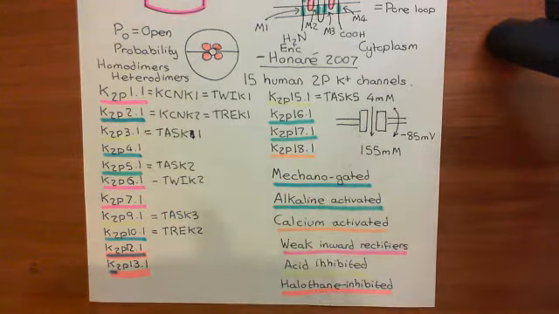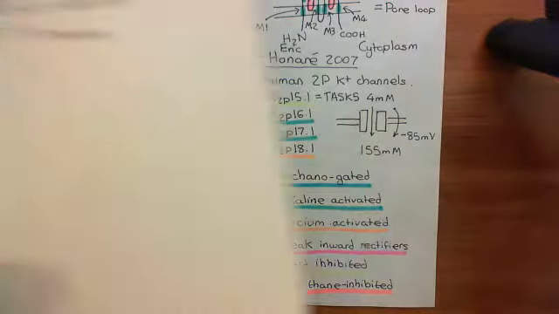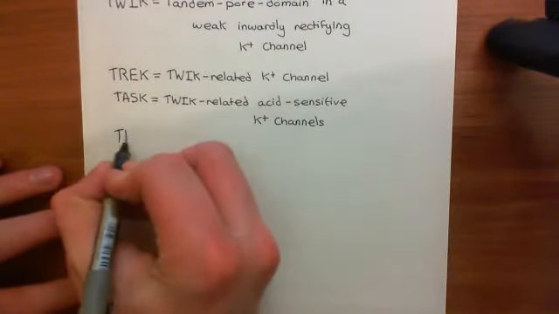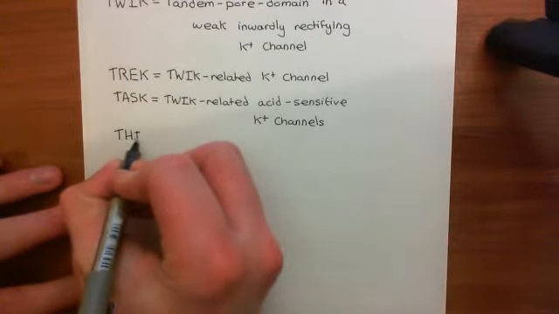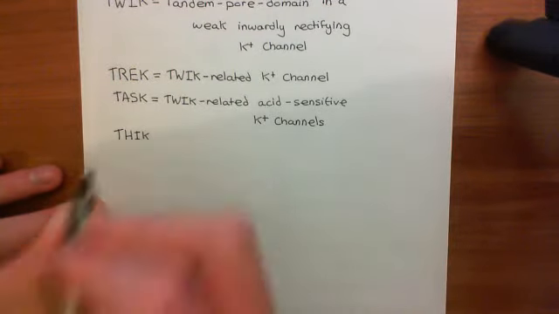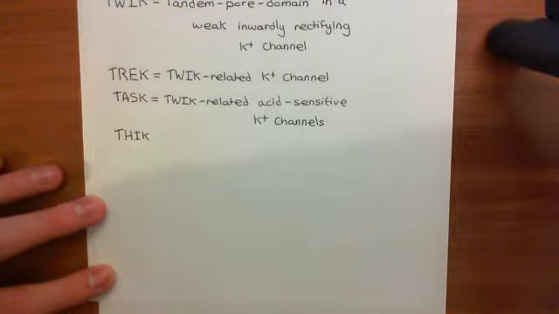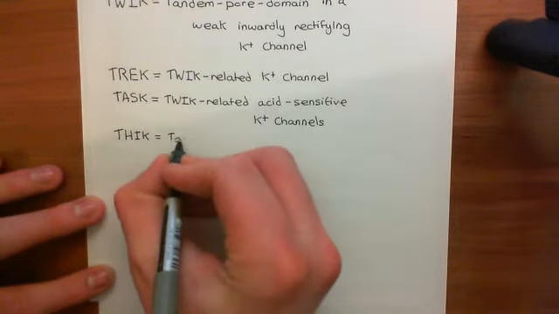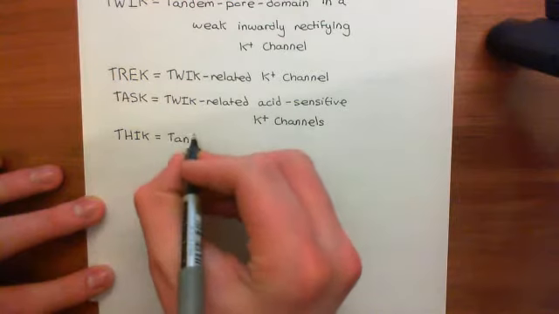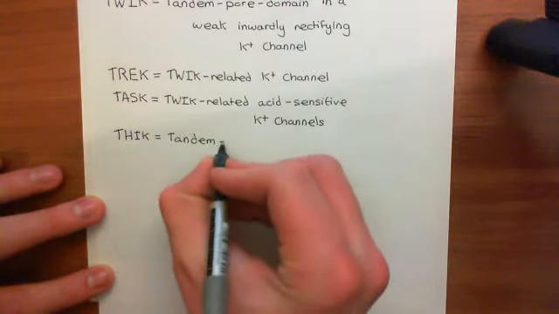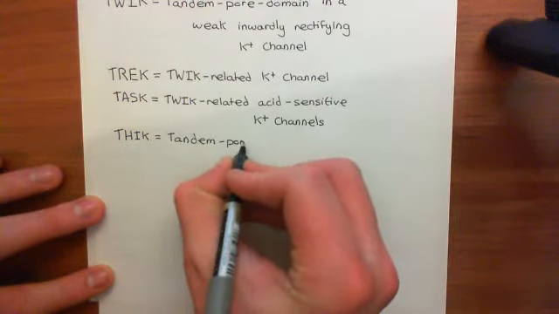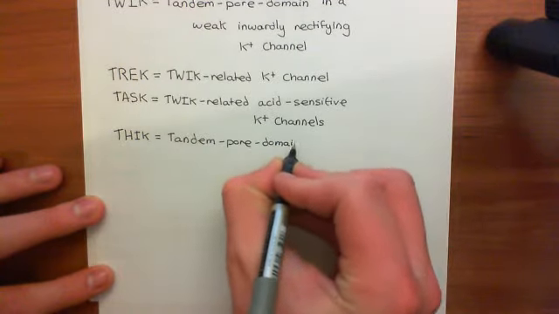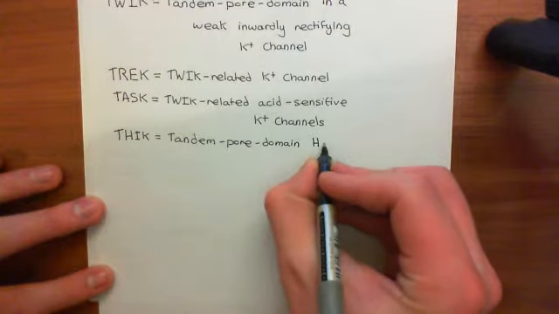Let's move on to the next silly name then. The next one is THIK. THIK stands for the tandem pore domain halothane inhibited potassium channels. So T this time doesn't stand for TWIK-related, instead it has the full thing within it: tandem pore domain halothane inhibited potassium channels.